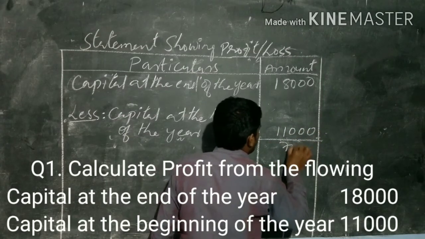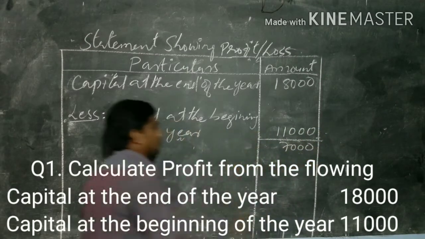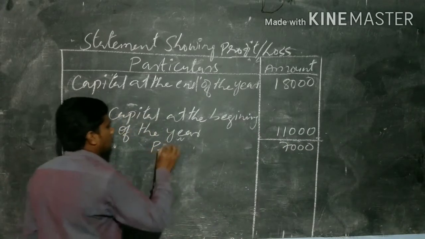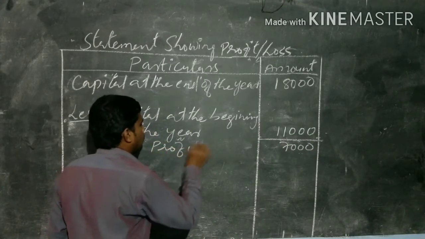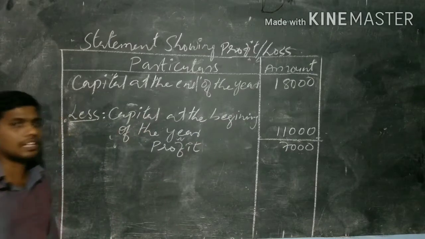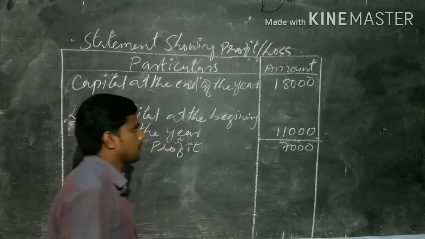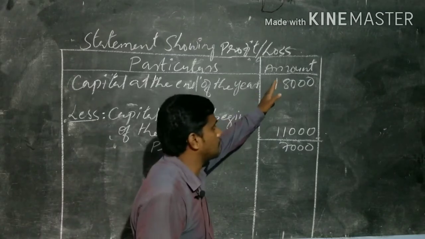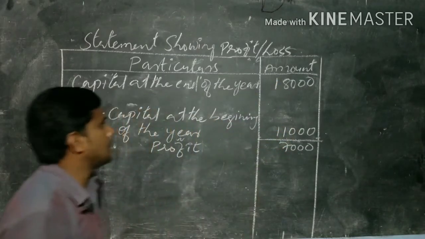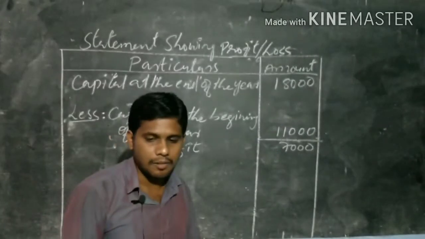So the answer is 7,000. What is 7,000 here? Profit. As I told you in the last class, if the figure is positive it is profit, if negative it will be loss. As the capital at the end is more and the capital at the beginning is less, that's why we are getting profit.